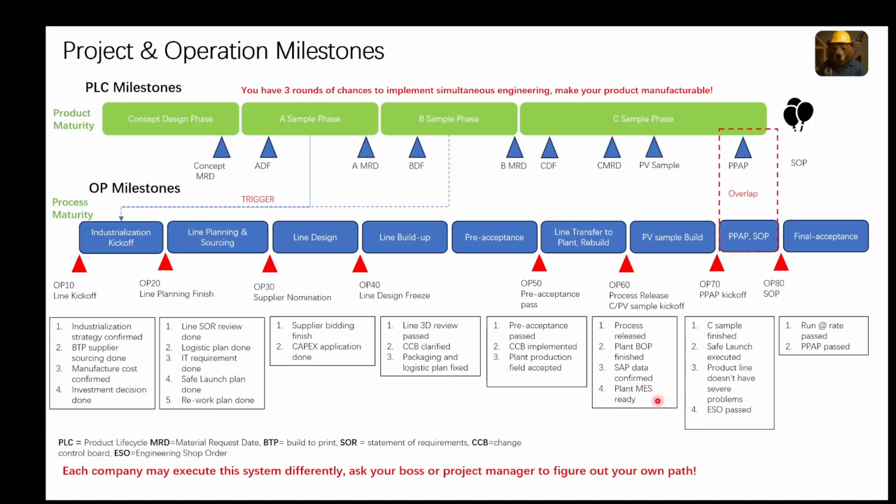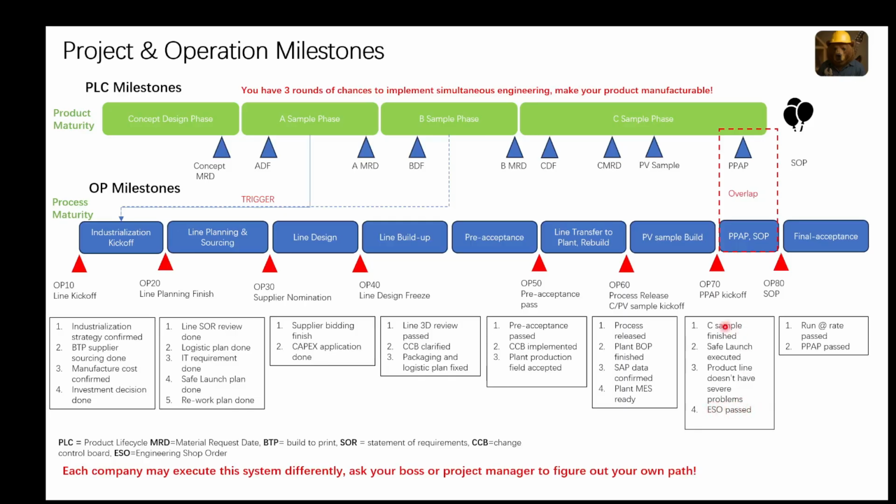You need to make sure your plant IT guys go to your line supplier's place and work with them before the line ships out. And when the C sample is finished, at the OP70, the C sample is finished, safe launch executed, and the product line doesn't have severe problems, then ESO is passed.